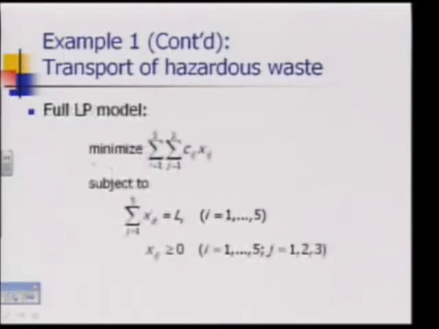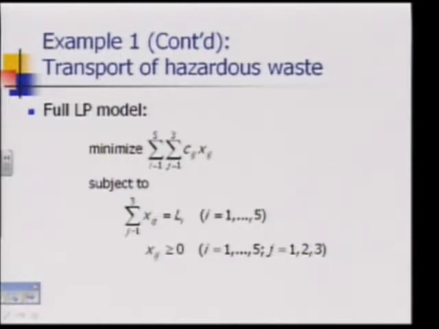Okay, so let's try to look at the problem again. This is just a formal write-up on the optimization problem. We want to minimize the total cost for this waste processing, subject to some constraints on assigning how much load each production plant needs to assign to the processing plant on the waste produced.